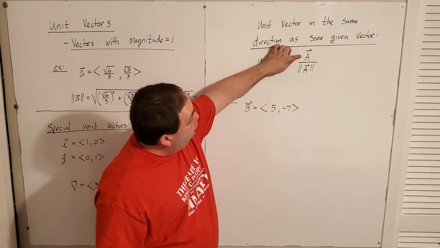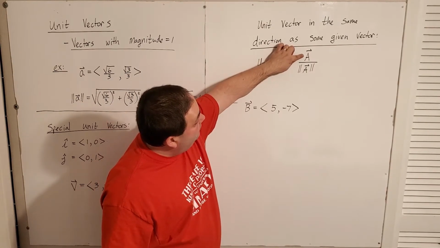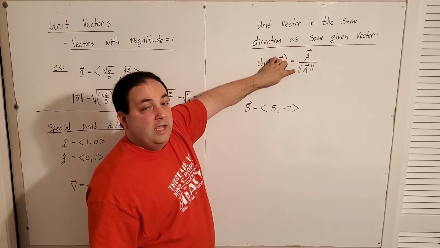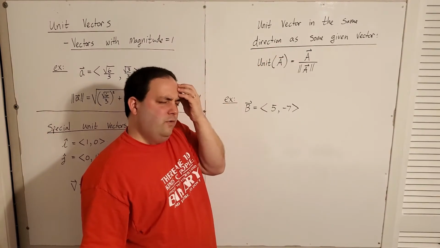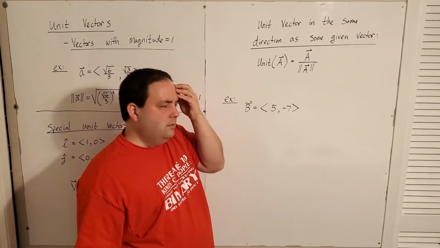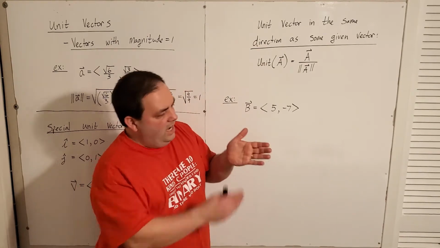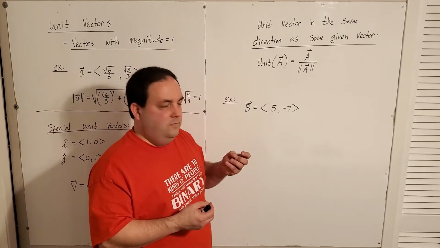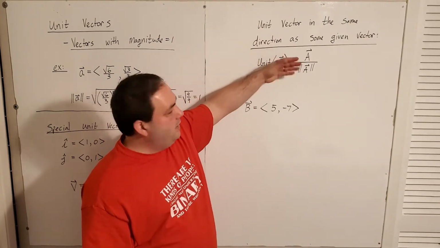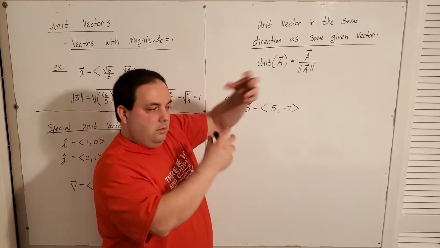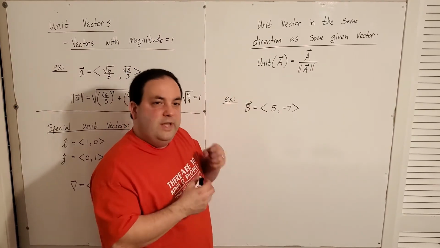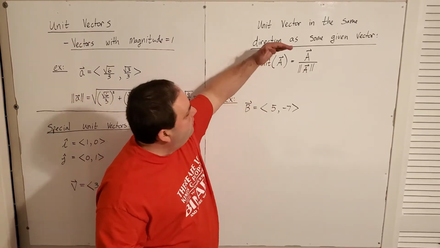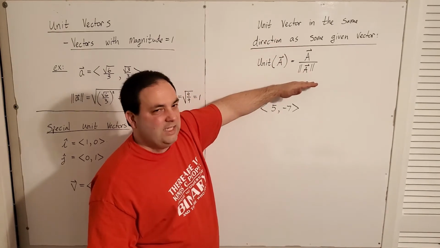All you do is take the vector itself and divide it by its own length. Think about where you've seen something like that before in division. In numbers, if I divide a number by itself, you get 1. So that's essentially what I'm doing here, but in a more complicated format. I'm dividing something by its own magnitude.